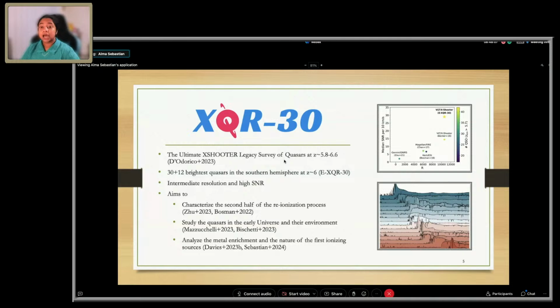Our survey has high signal to noise ratio and intermediate resolution. The primary aims of the survey are to understand the reionization processes in the second half of the epoch of reionization, to study the quasars in the early universe as well as their environment, and also to understand the chemical enrichment and the nature of the first ionizing sources, which is pretty much the focus of this work.